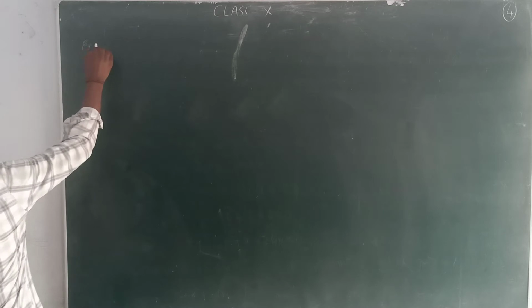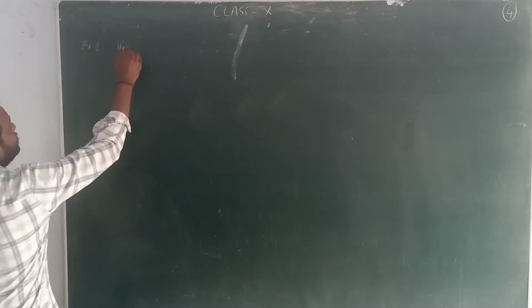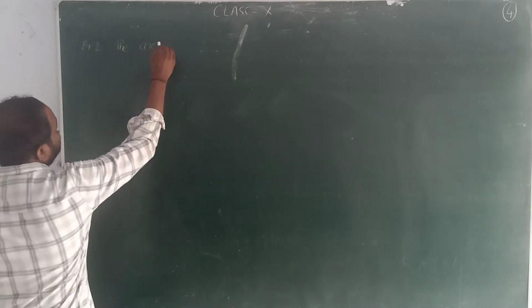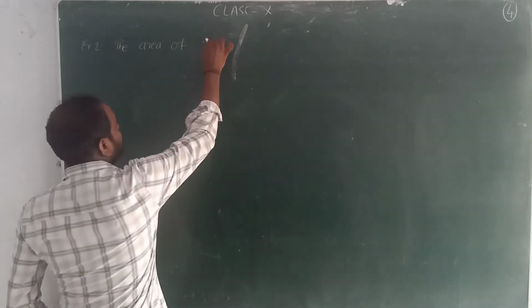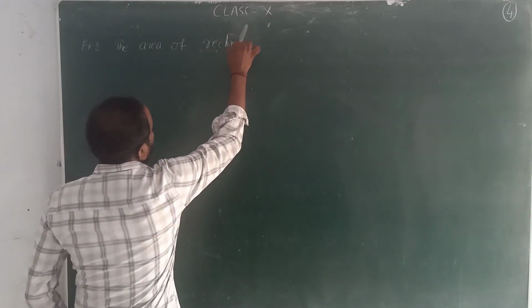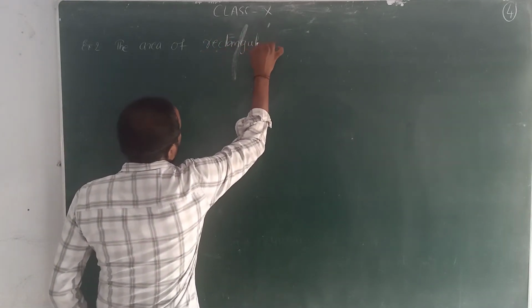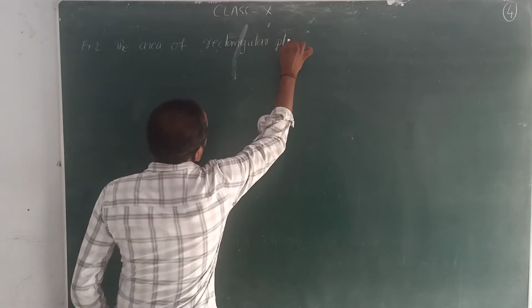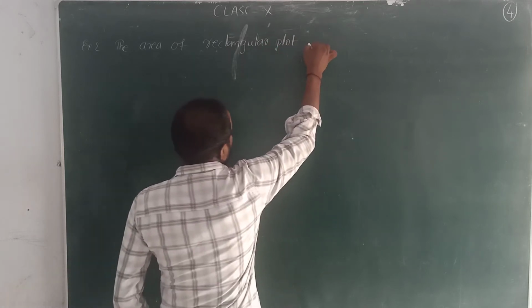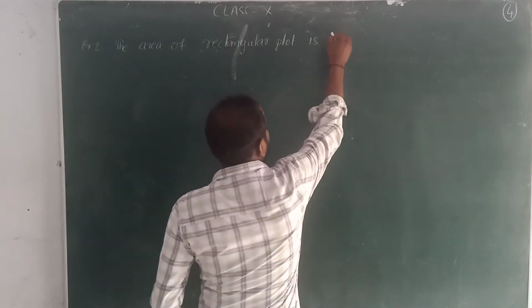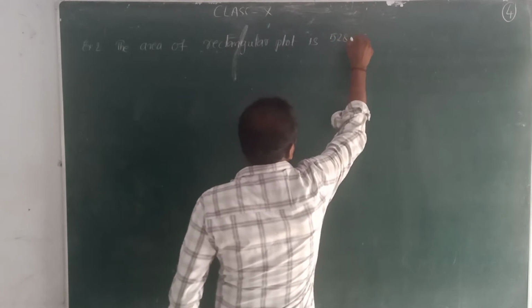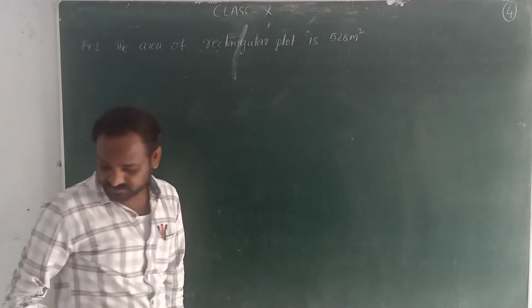Example 2. The area of a rectangular plot is 528 meter square.